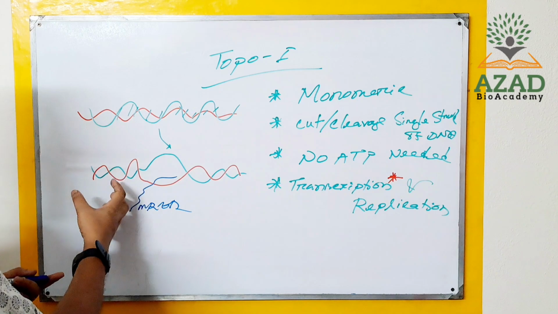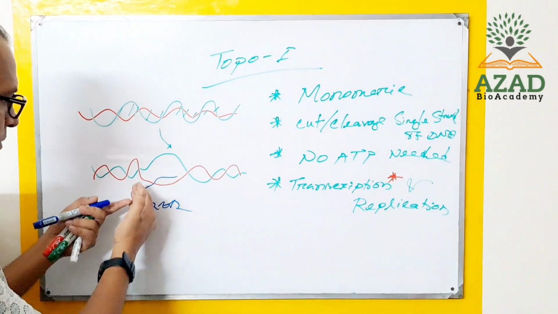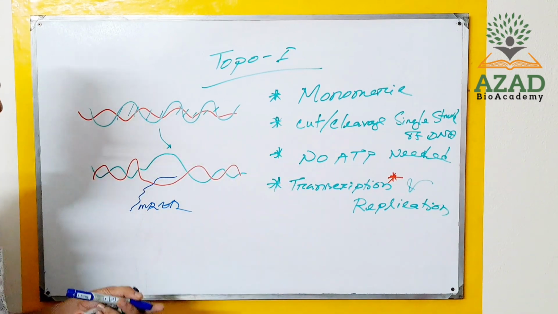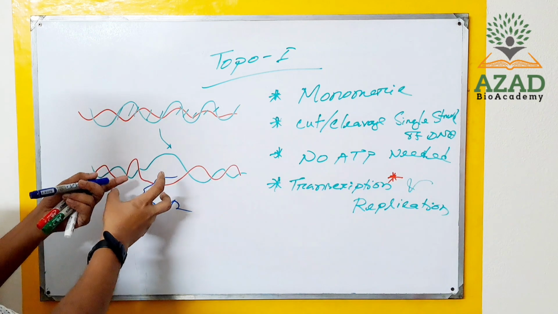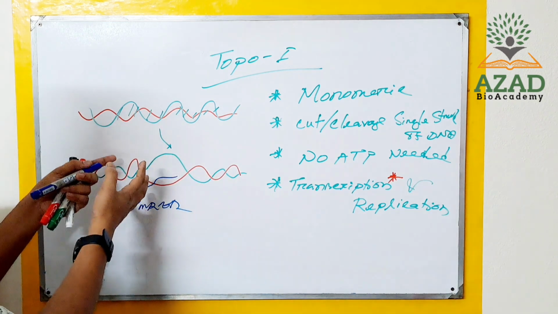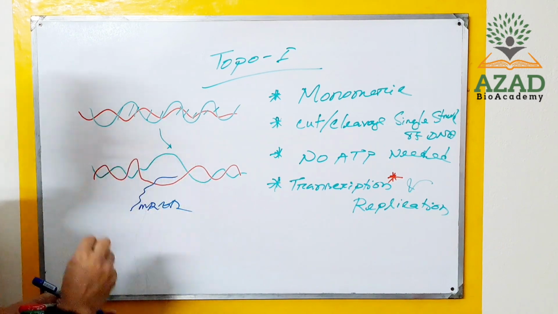So what will be the problem? Because messenger RNA is just forming and going forward, the polymerase enzyme will not bind properly with that area. Another problem is that it will change the orientation, and finally it will hamper the transcription.